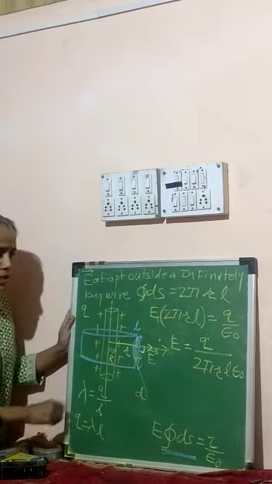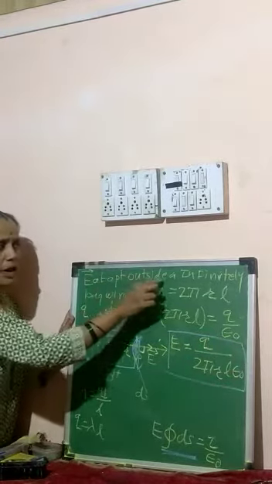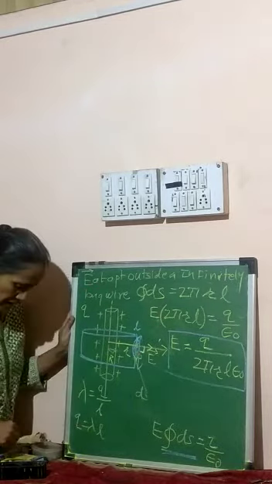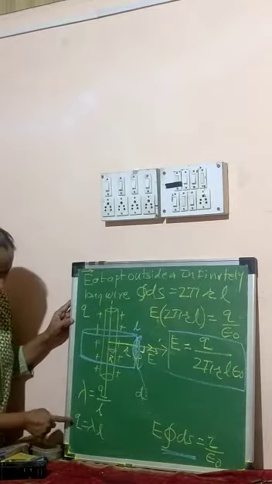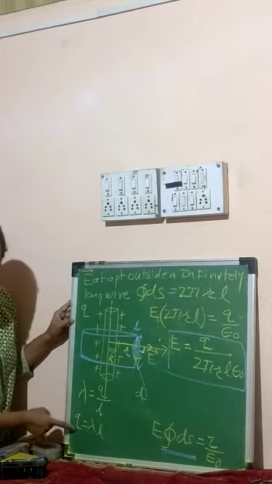So this is our first formula for intensity at a point outside an infinitely long wire. Same formula I can modify with the help of value of q. Value of q I can substitute from linear charge density. So already these two formulas I have written.